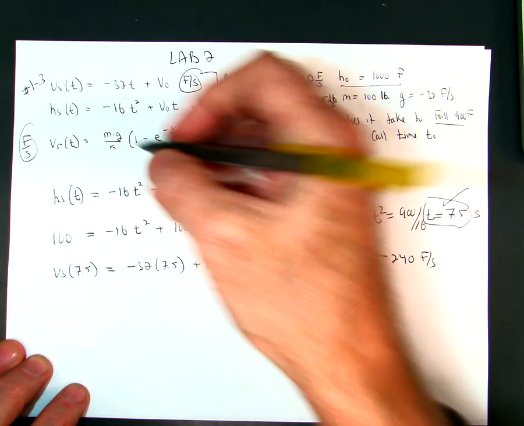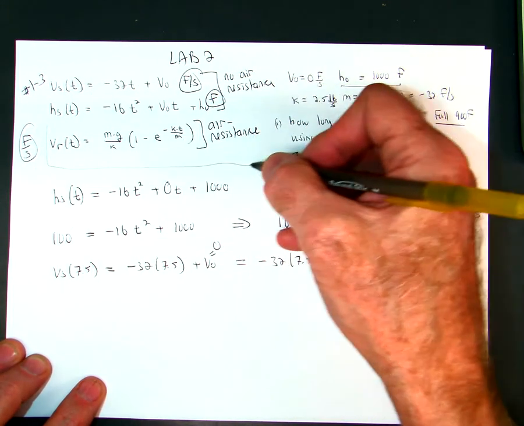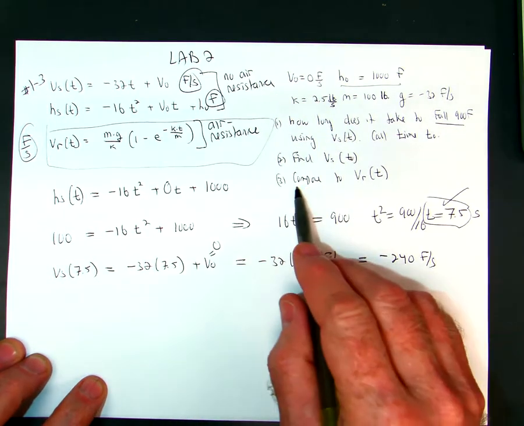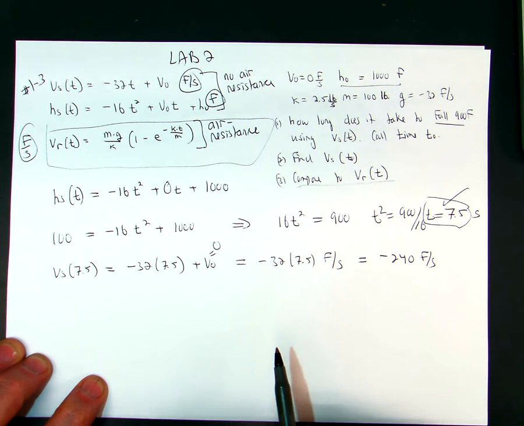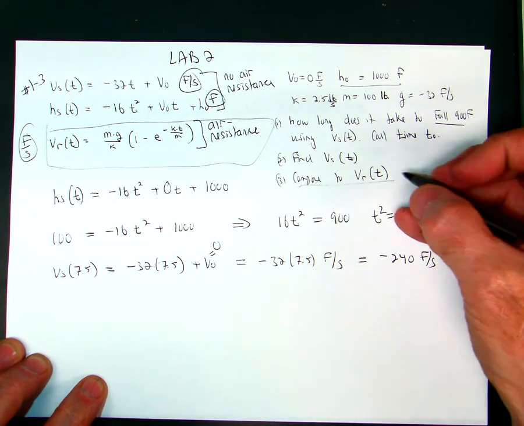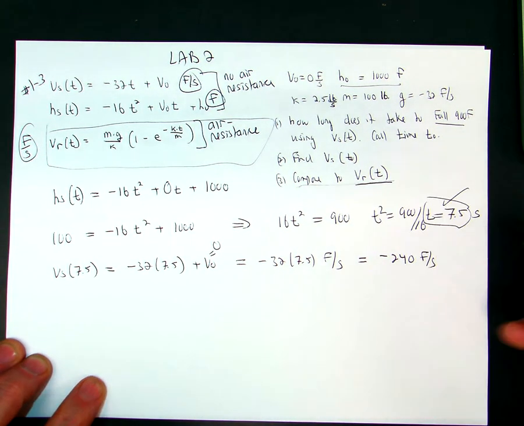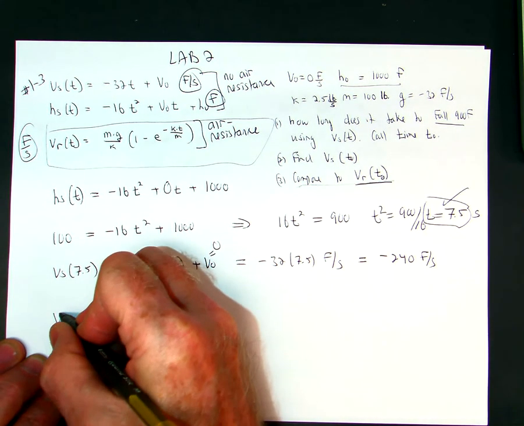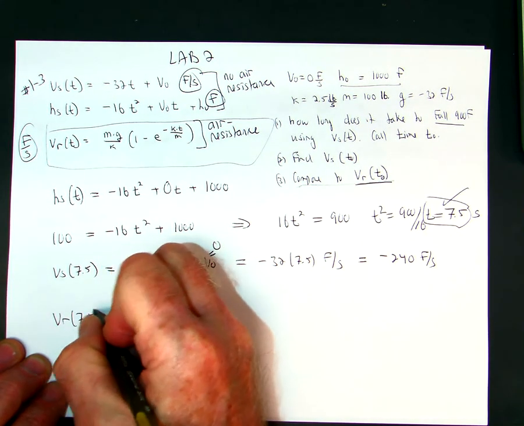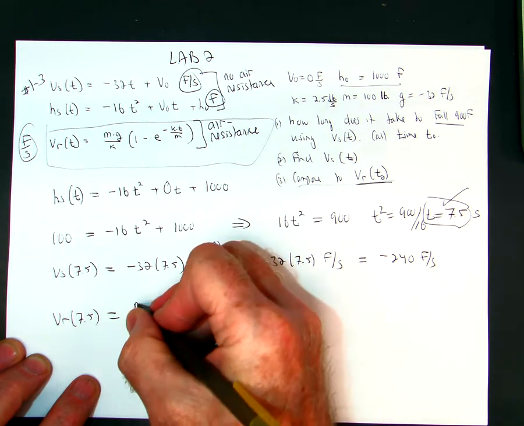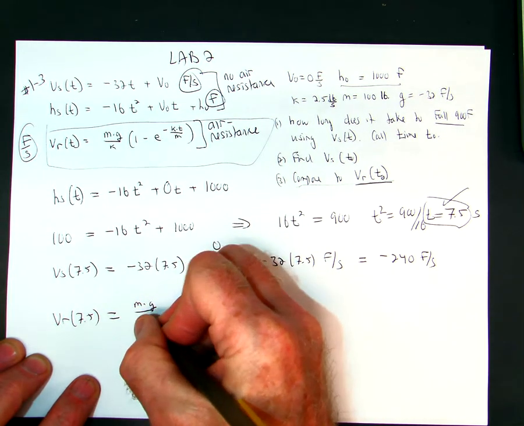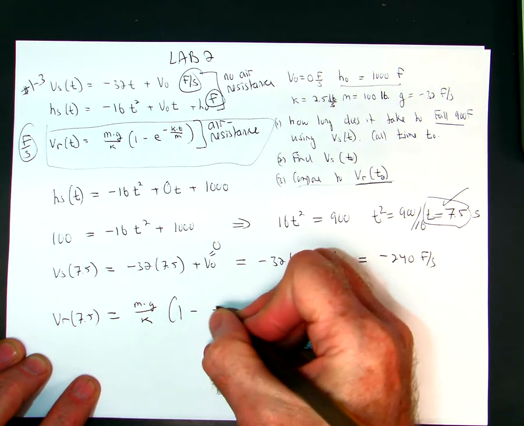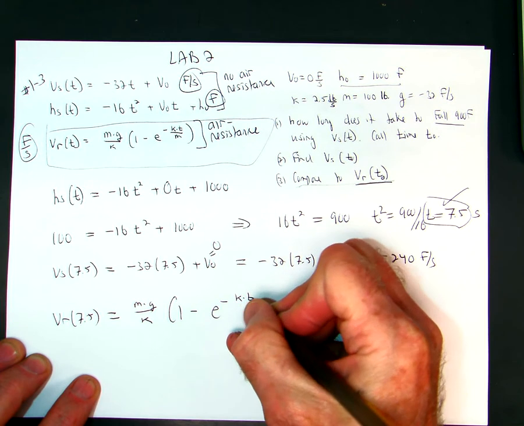Okay, so now I'm going to look at the same situation with this. This is question number 3. Compare to VRT. So I want to find VRT, sorry, it's going to be VRT of 7.5, and that's going to equal m times g over k, times 1 minus e to the minus k t over m.